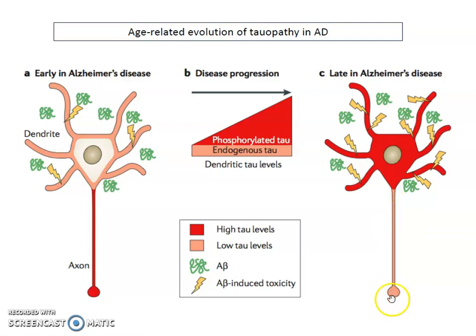The vesicles for transmission are located here, and those vesicles need a metabolite which comes from the neuron center, and as a consequence there will not be synthesis of neurotransmitter, and the lack of neurotransmitter will lead to non-communication with other neurons. As a result this neuron will not have connections with other neurons, and as a consequence there will be death of the neuron by lack of connection with other neurons.